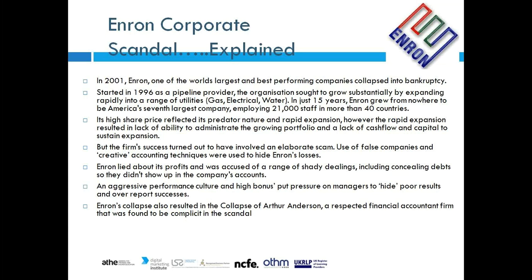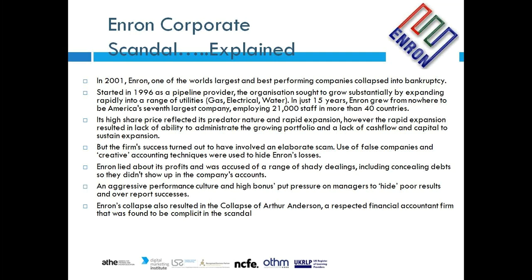Okay, guys, you may have heard about Enron, which was quite a big electricity and energy producer in America. The company collapsed in 2001. Enron was one of the world's largest and best performing companies before it collapsed into bankruptcy. Started in 1996 as a pipeline provider, the organization grew substantially by expanding rapidly into a range of utilities.